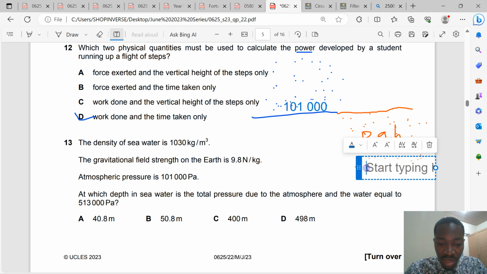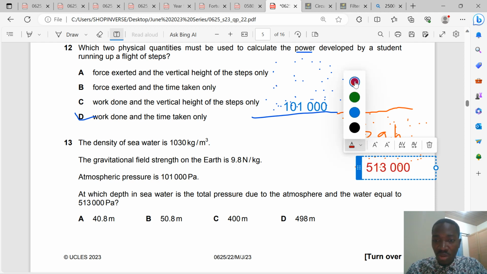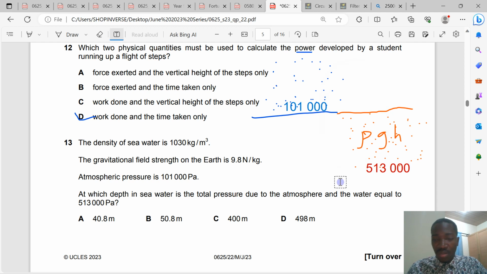So that's what the question requires of us. Do not forget that we have some pressure due to air molecules present in the atmosphere.